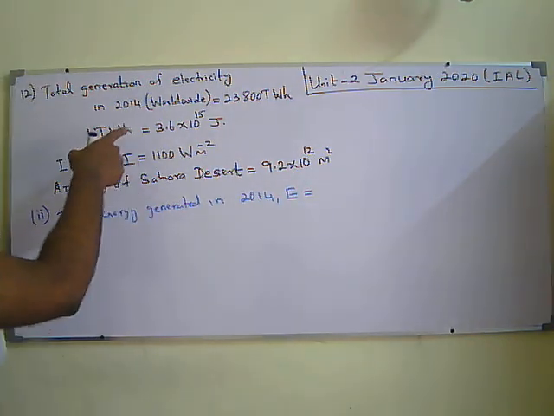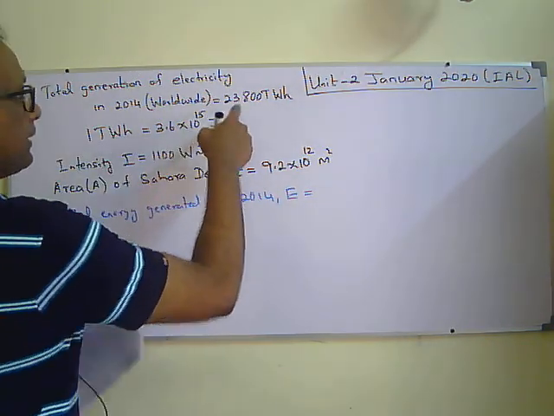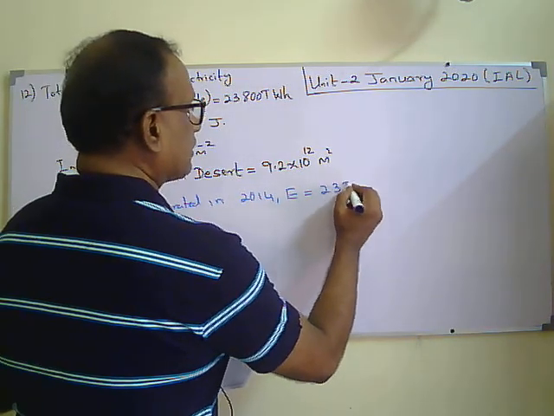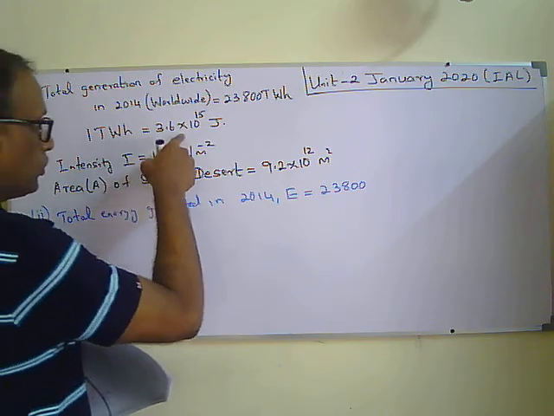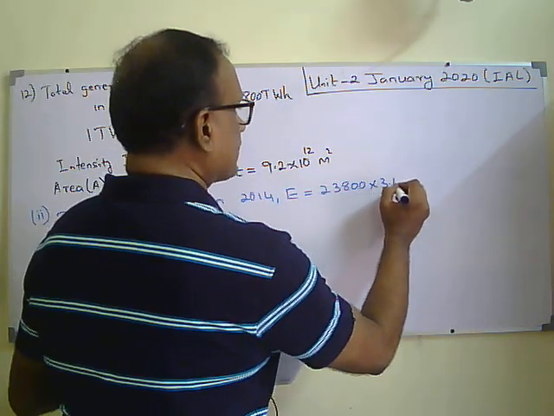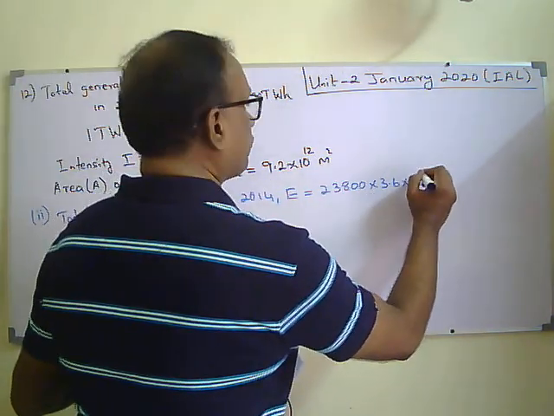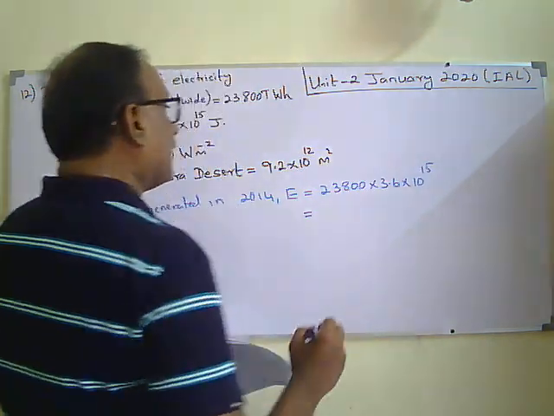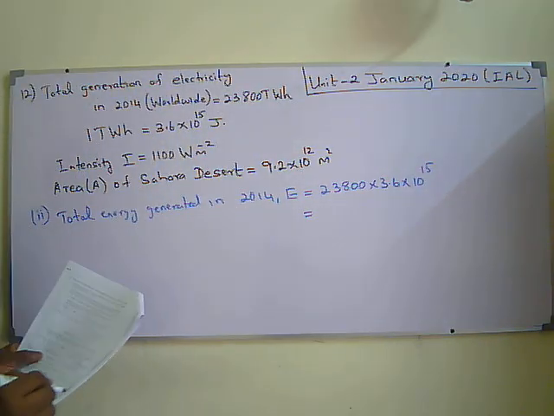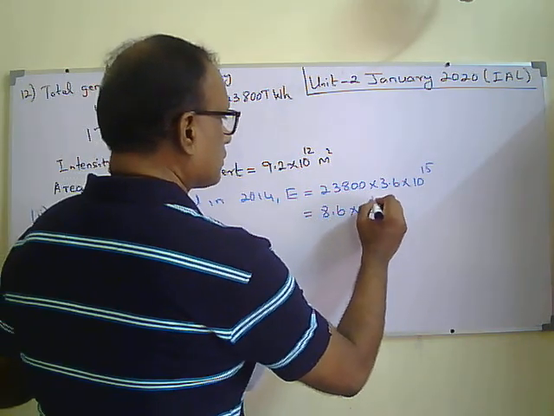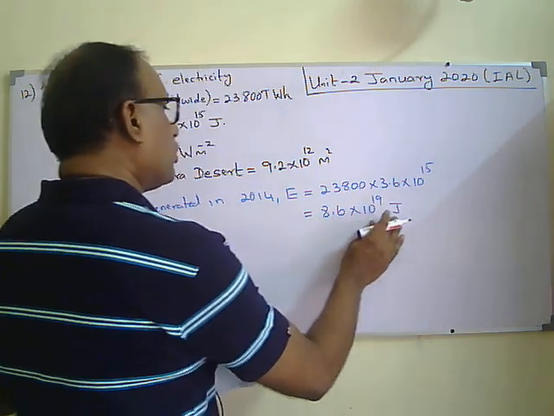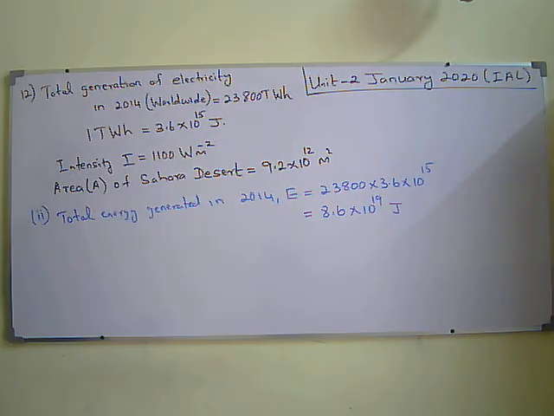It's given 23,800 terawatt hours. 1 terawatt hour we know in joules is 3.6 times 10 to the power 15. So that will be 8.6 times 10 to the power 19 joules. So this is the total amount of energy generated in 2014 worldwide.